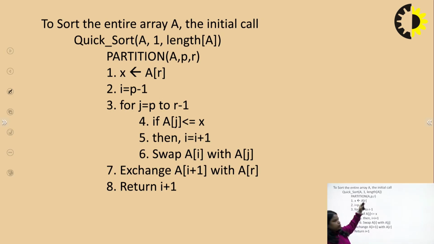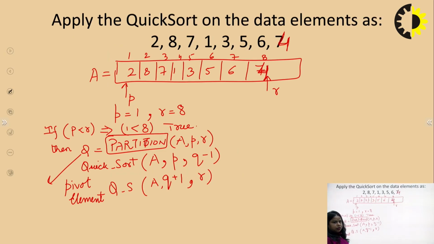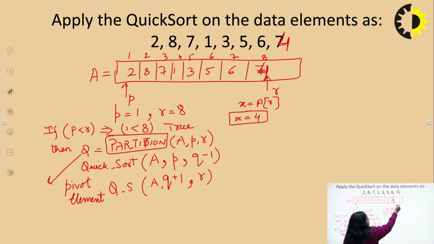First of all we call the function partition, in which we write x is equal to A of R. So x is equal to 4, because the element at the Rth location in the array is 4. So we define x is equal to 4, right.